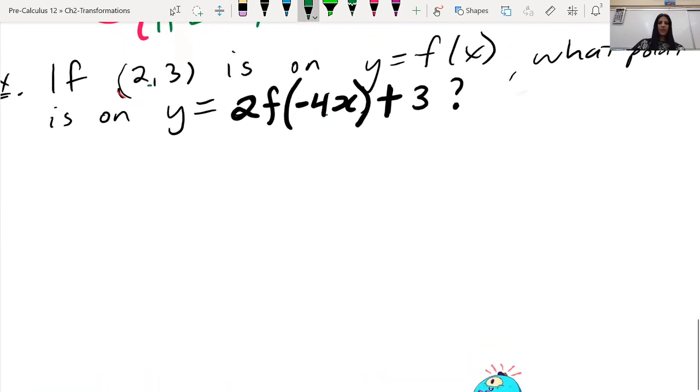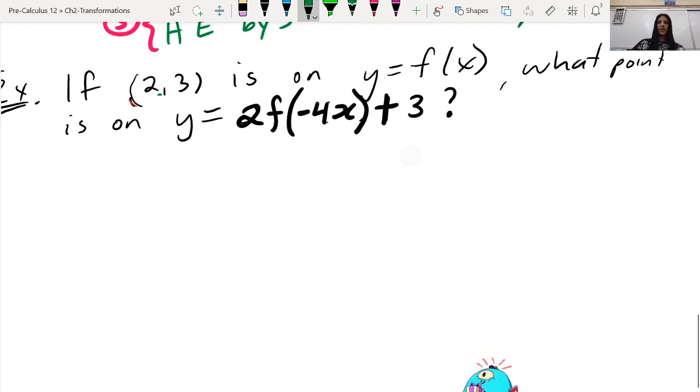Okay, on to the next one. If the point 2, 3 is on y equals f of x, what point is on this transformed equation? Oh, this is good. This gets you to really make sense of what is happening here. So a good approach with this is to break it down again.